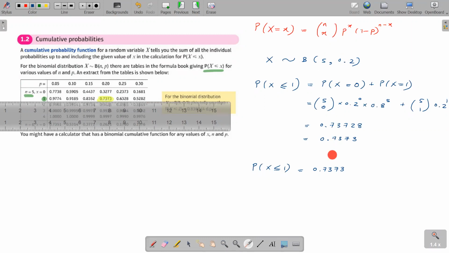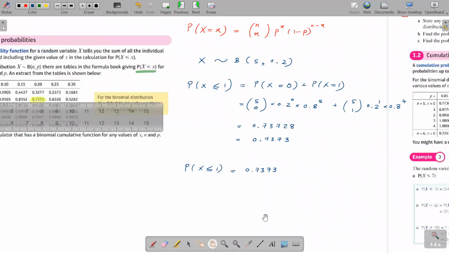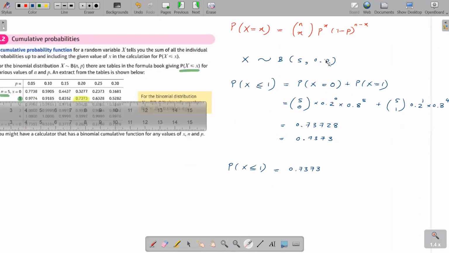So you can see that instead of working manually, we can use this table to calculate these less than or equal probabilities. Is this clear? Guys, I have done both these methods just to show you that we don't need to go with these long methods anymore.